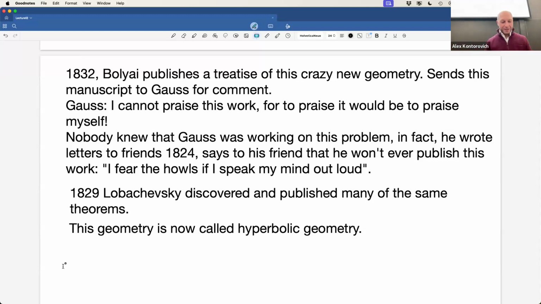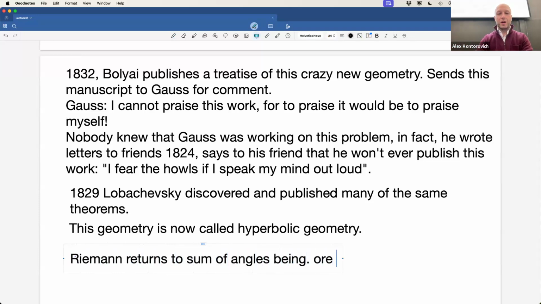Let's talk for a second about what happens at the end. Okay, so Riemann comes back to this question. The great Bernard Riemann returns to the sum of angles being more than 180 degrees, and realizes that there's nothing in Euclid that says lines have to be infinitely long. Postulate 2 says you can extend a line. So lines just have to be unbounded.